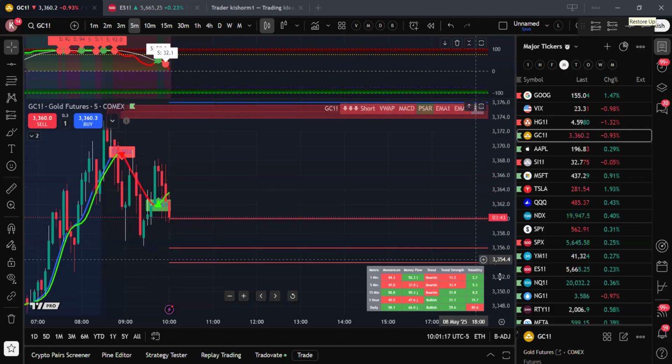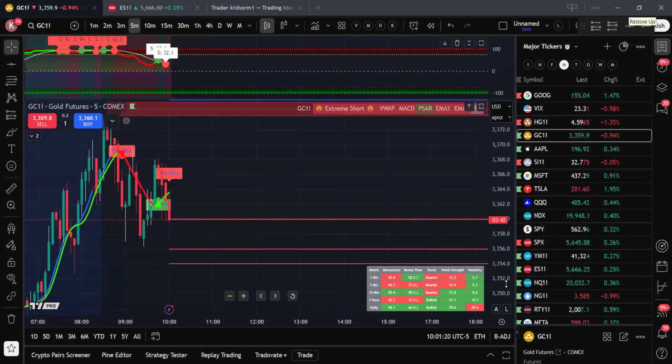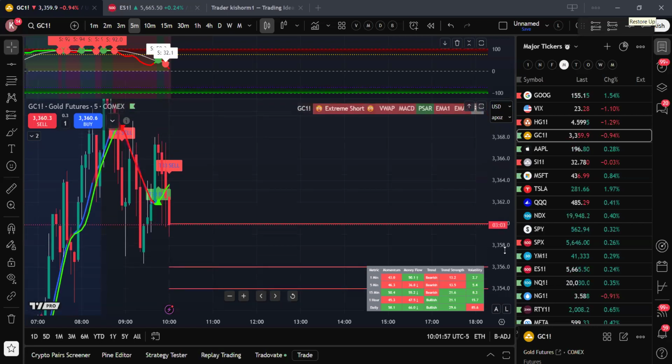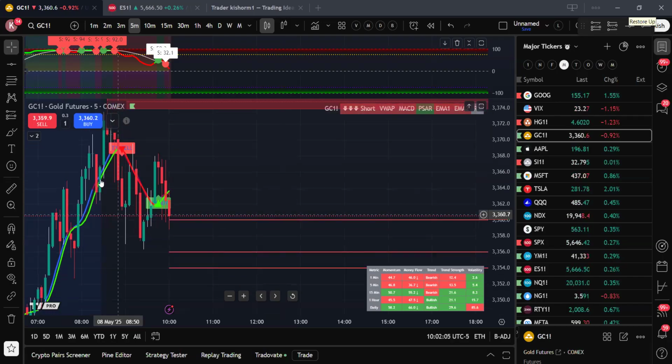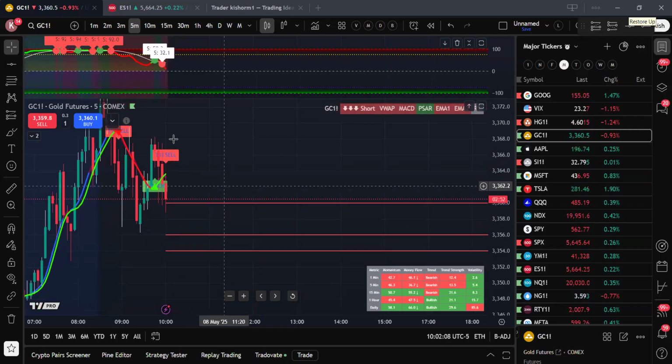There is a big possibility for a drop. So GLD is the equivalent ETF for GC.